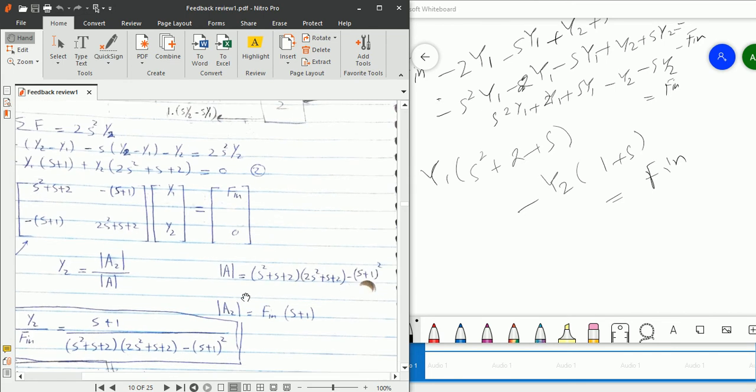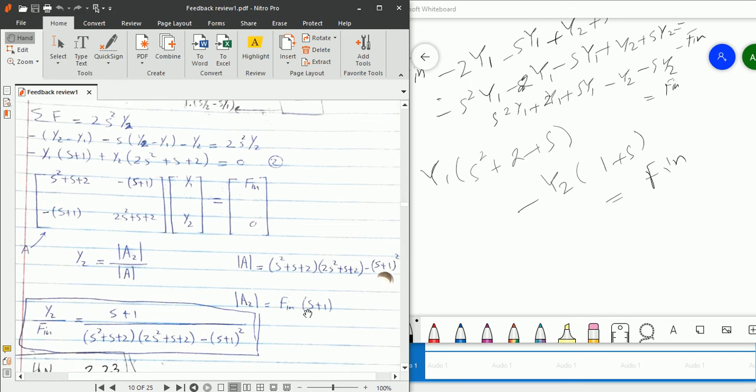Okay, and for the a2, how will you get a2? Replace the second column with this. So here f in, 0, here 0 and 0, minus into minus s plus 1 into f, so it will become plus f in into 1 plus s, like this. Okay, got it? How did you obtain this? Tell me.